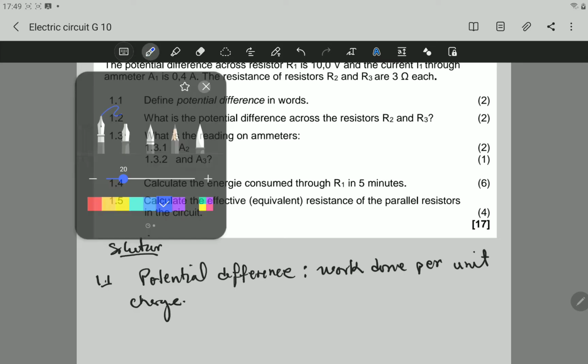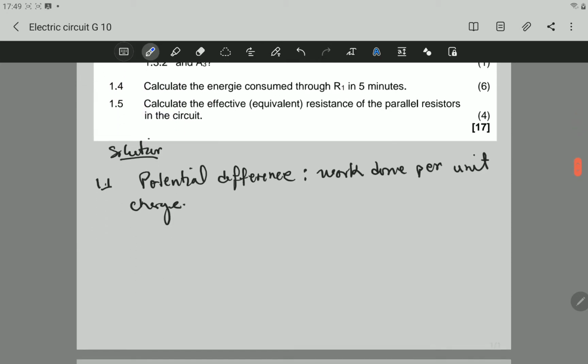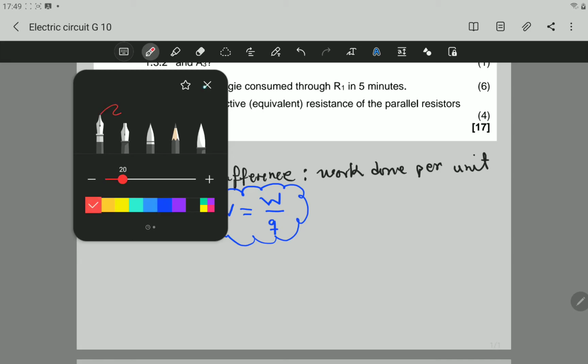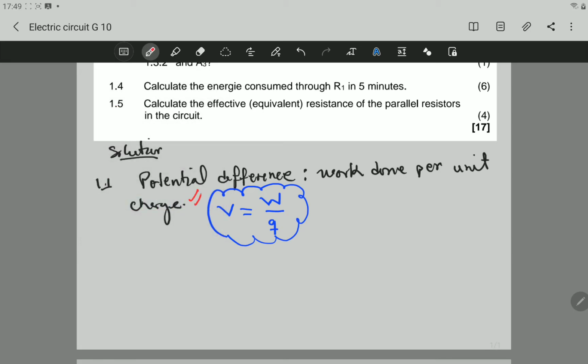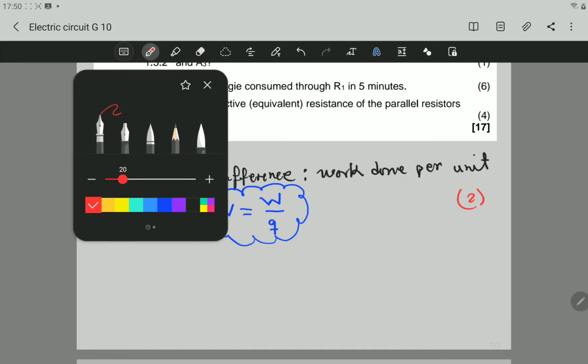Let's record quickly the formula for potential difference. Potential difference, symbol V, is equal to W, which is work done or energy, divided by charge, and that is the meaning of work done per unit charge. If you answer this question correctly, then you get the 2 marks. Right, let's go to 1.2.